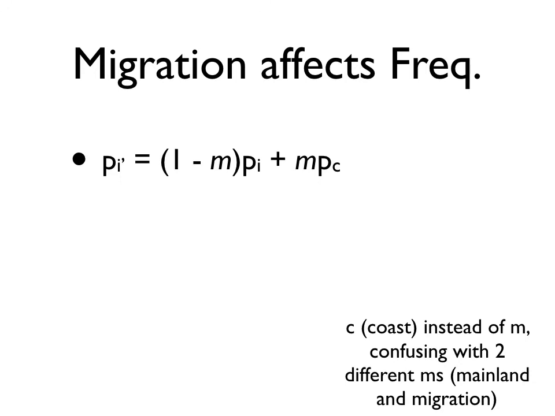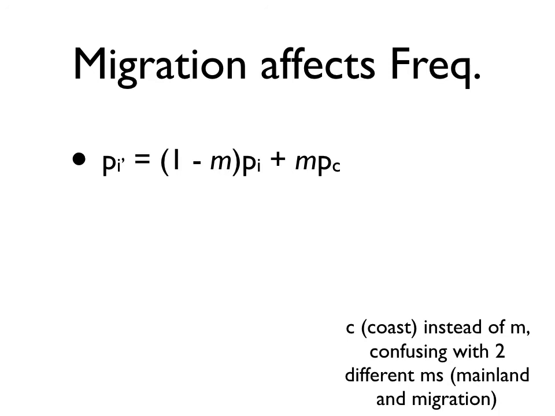The P_I, P_C, and P_I prime, those three things represent the frequency of the dominant allele, okay? So the frequency of the allele on the coast is different from the allele frequency on the island. And what we're going to calculate is P_I prime. What's the frequency on the island going to be in the next generation if some proportion of the individuals that breed now came from the mainland instead of the island?